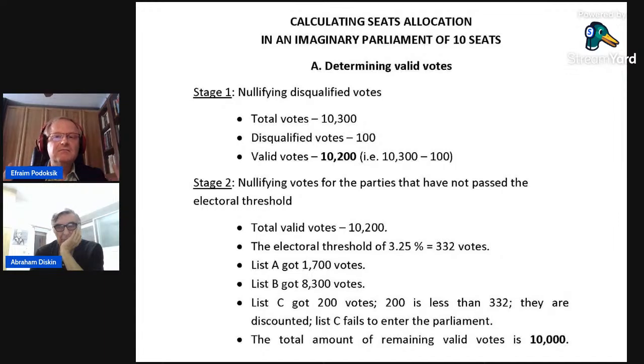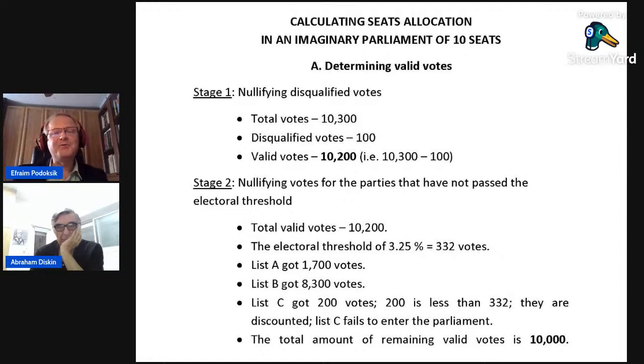Its votes are not counted anymore. They are not relevant for the purpose of allocating seats. So we remain with 10,000 voters, conveniently a round number, who voted for the two parties that crossed this electoral threshold.